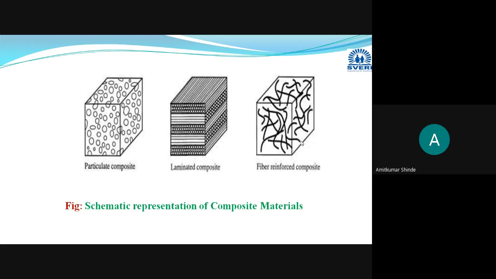Due to the combination of the fiber, which has high strength, and the matrix, which is soft and malleable, the resultant fiber reinforced composite shows high stiffness, high strength, high toughness, along with better corrosion resistance, oxidation resistance, and thermal and electrical conductivity.